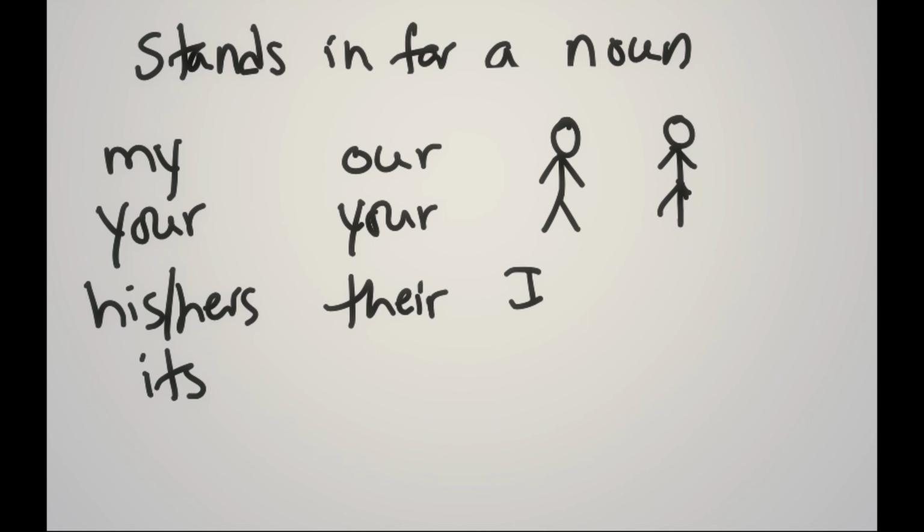If this is I and this is you, what if we numbered them? What if we said that this is the first person and this is the second person? And then what if we're both talking about Tom again? What would Tom be? He would be the third person, wouldn't he? That's how these pronouns can be labeled. These, my, our, along with I and us and we, are called first person. I'm going to use the number instead of the word.